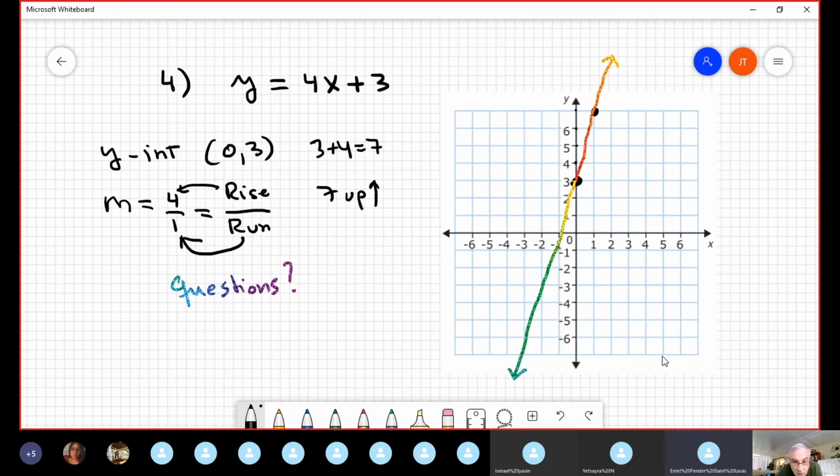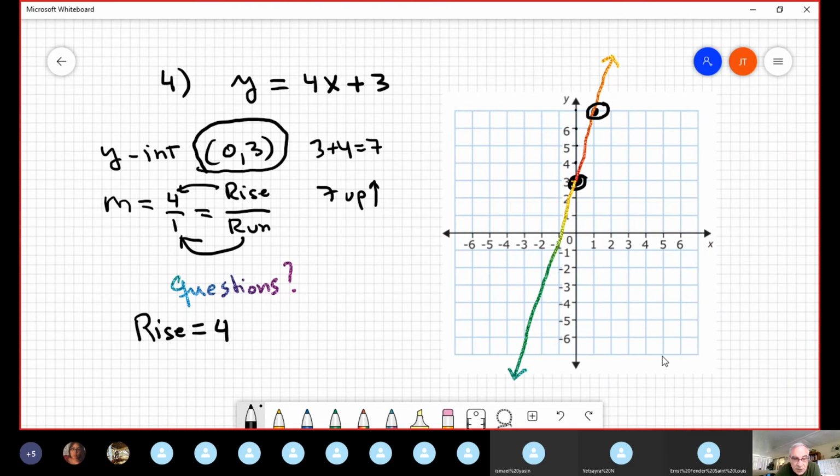Okay. Let's do it step by step because we have time. You understand very well how you plot this point, no? 0, 3. Yeah, I understand it. Now I need to determine the second point, because we need only 2 points to get the straight line. From this point, I know that rise is +4.